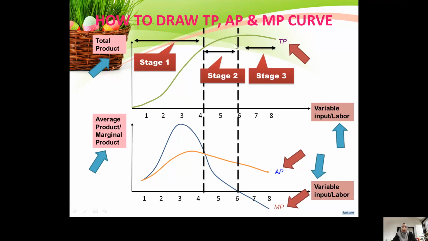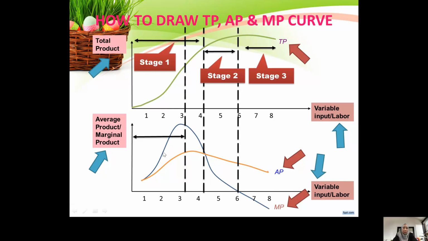Finishing the stages, now we proceed to determine the law of marginal returns. For this we label on the marginal product curve. We have another line here, for when the marginal product is at its maximum.